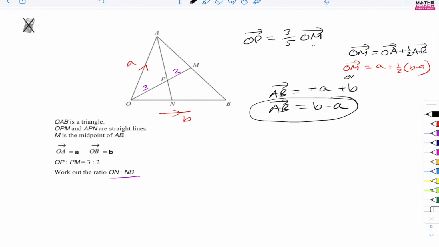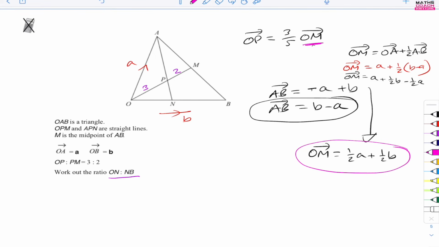So A plus a half B minus a half A, which simplifies to collect both A's together. So A here and minus a half A here. So that's 1 half A plus 1 half B. And that's my O to M, which is going to go right here.